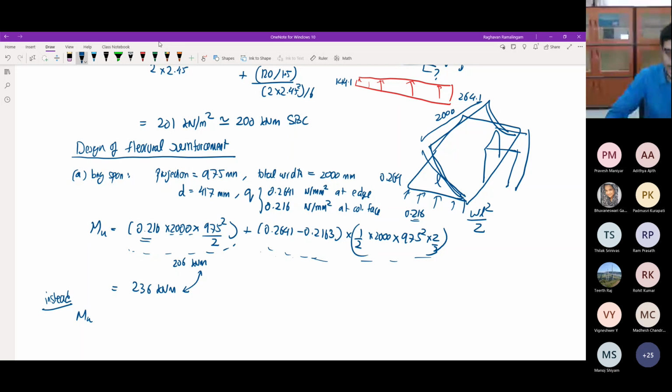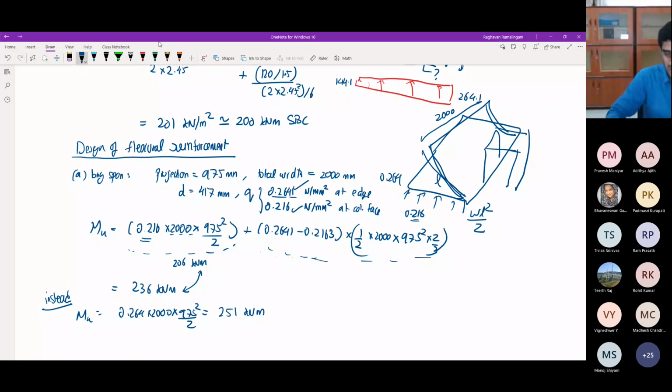Here at the column face it is 0.216, at the edge it is 0.264. So 0.264 times 2000 into 975 square by 2. If I do this, I get 251.